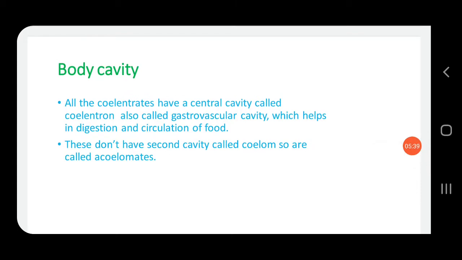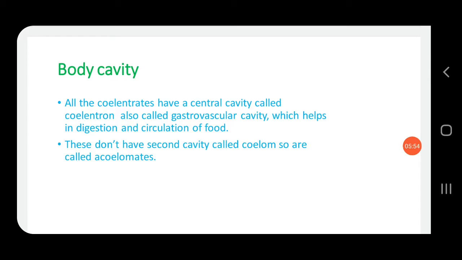Now the next character is their body cavity. All coelenterates contain a central cavity, known as the coelenteron.